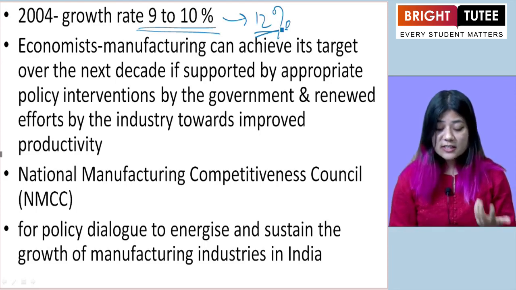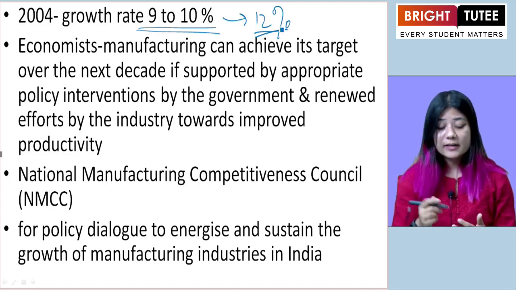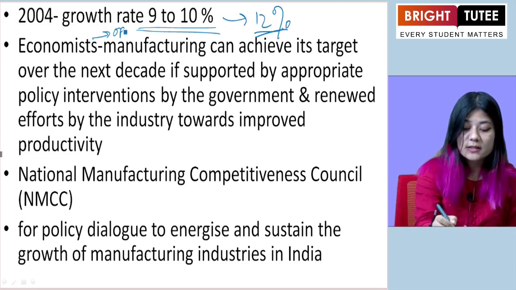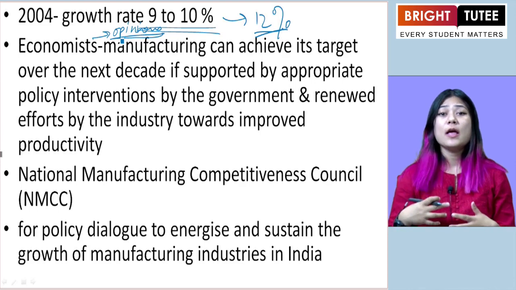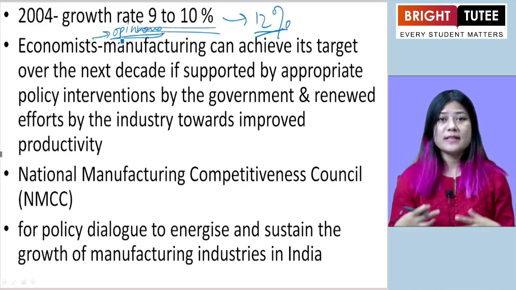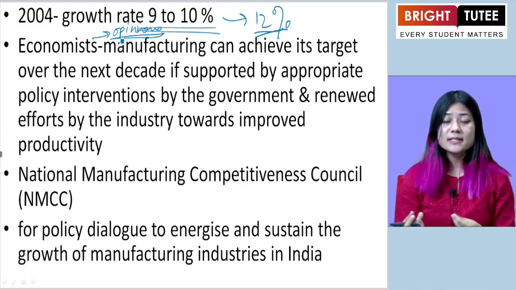All right. So this is why the economists have shared their views as to what can be done in order to help the economy develop so that the country also develops, right?